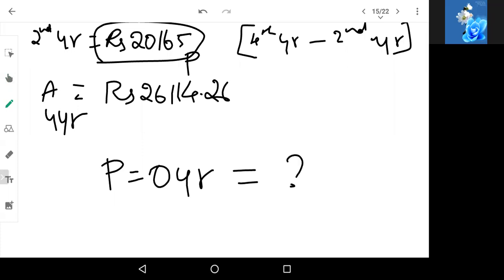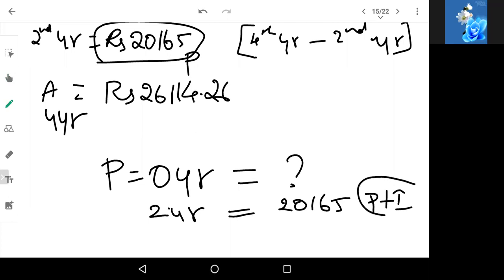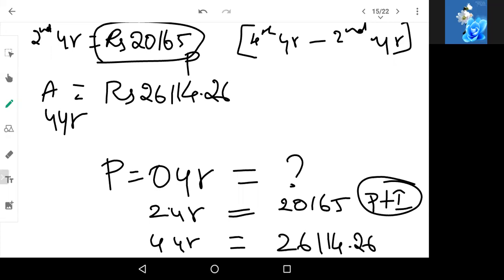Okay, we don't know. But we know the value at the end of second year. We were getting 20,165 with interest. This is principal plus interest. And we also know at the end of fourth year, we will be getting 26,114.26. This is also principal plus interest.